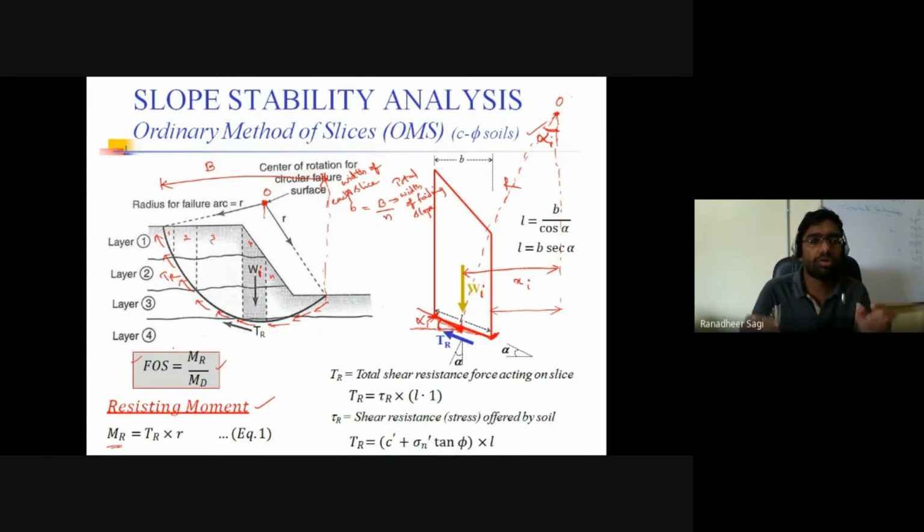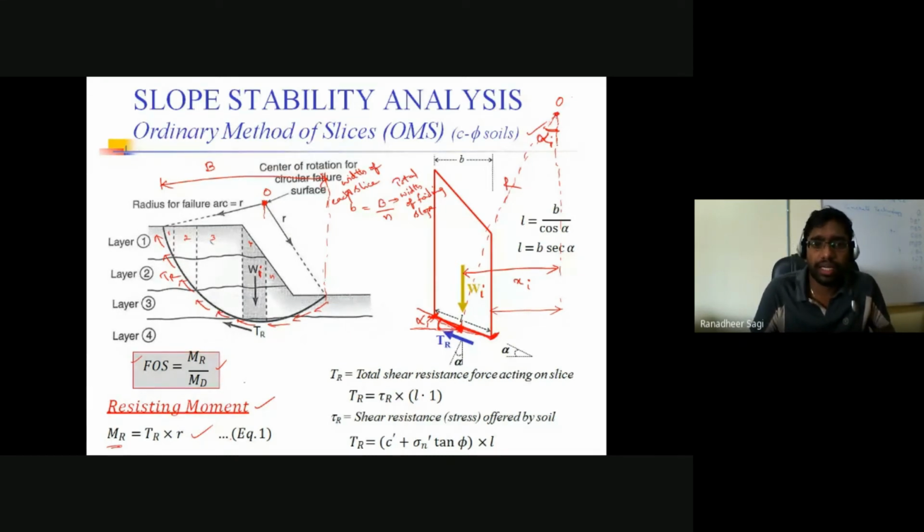So total resisting force into the corresponding perpendicular distance about the center point, if I calculate the moment, that is what we represent as your resisting moment. So resisting moment is nothing but resisting force into the radius of your failure arc.